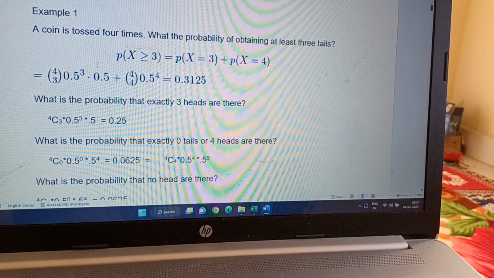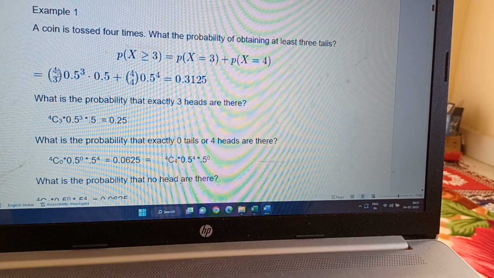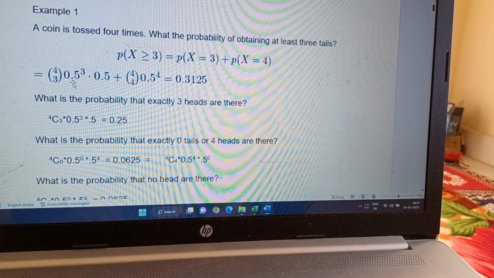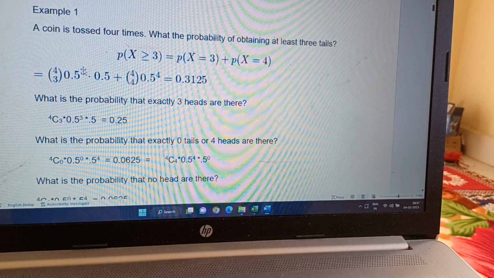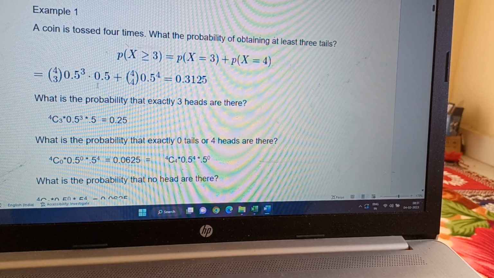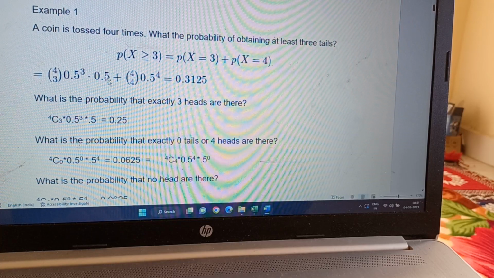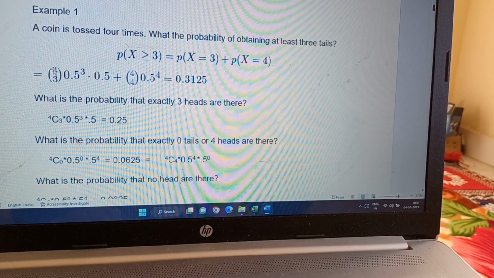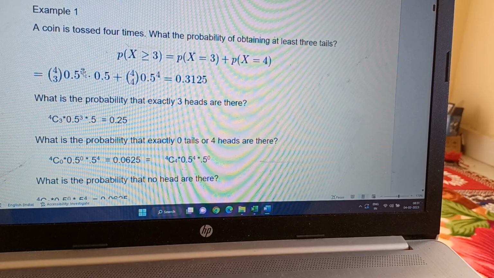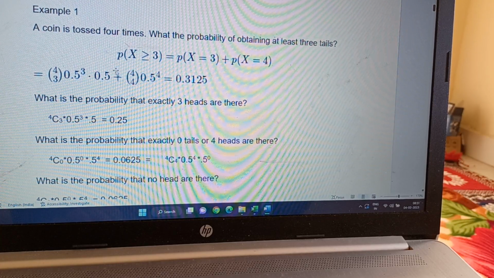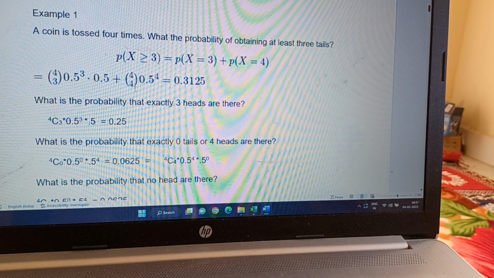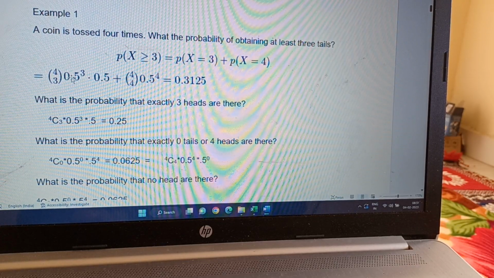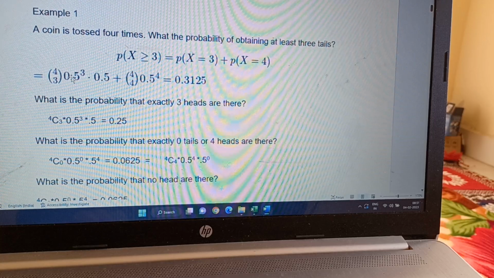So the probability of exactly 3 tails is 4 choose 3 times p, which is 0.5, to the power x, which is 3, and q is also 0.5, that is 1 minus 0.5, to the power n minus x, which is 4 minus 3 equal to 1. I didn't write it. That is the probability of getting exactly 3 tails.